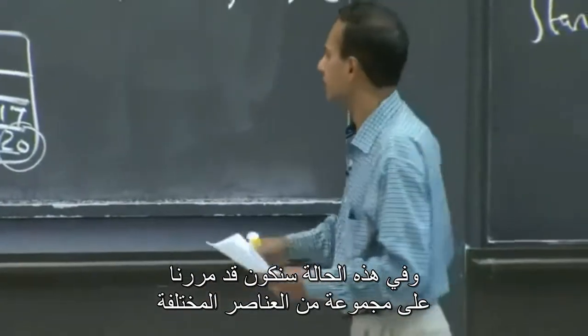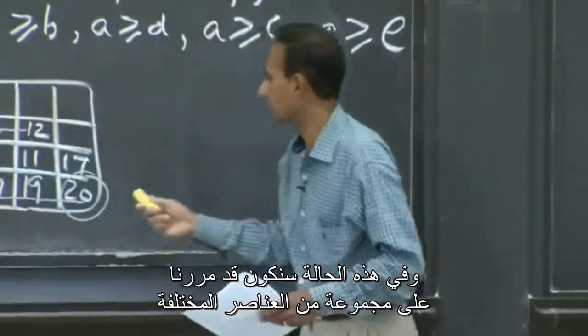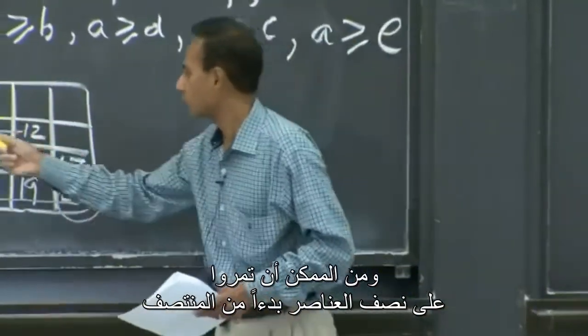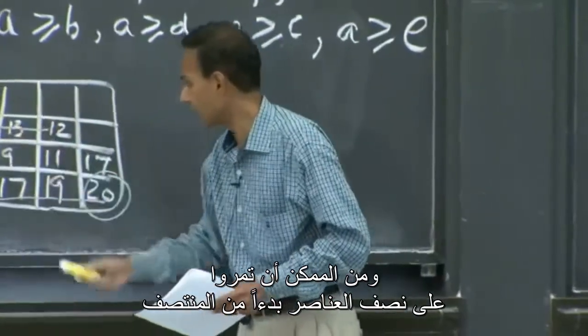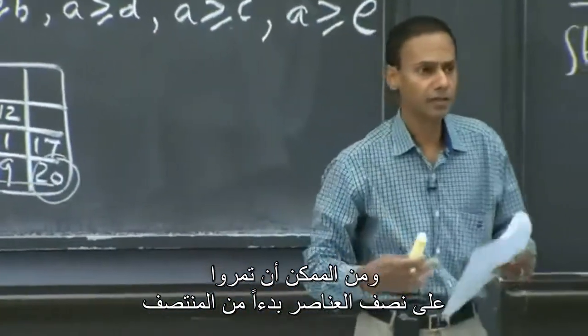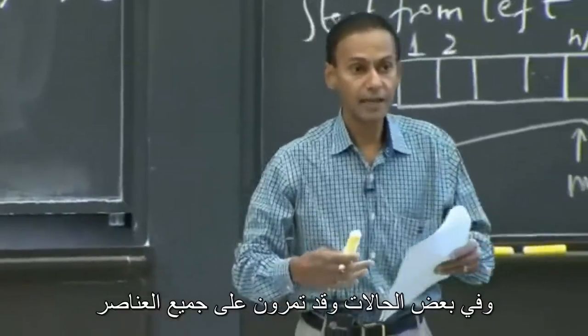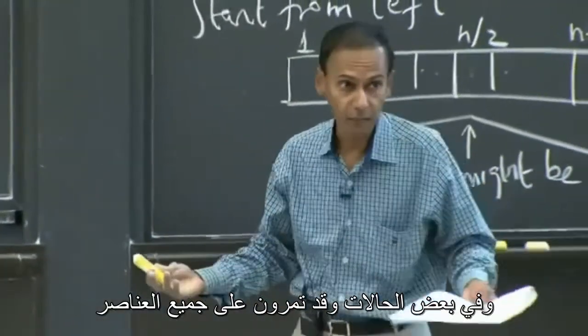In this case, we touched a bunch of different elements, and starting from the midpoint, you could end up touching half the elements, and in some cases all of the elements.